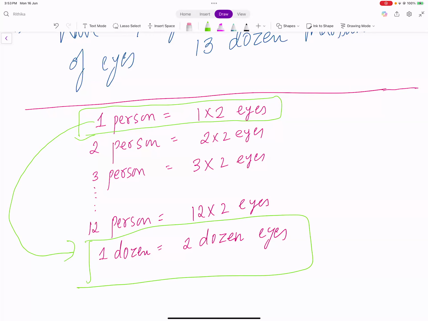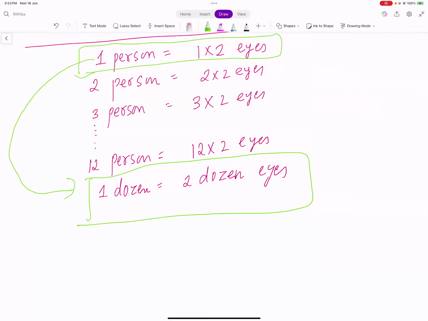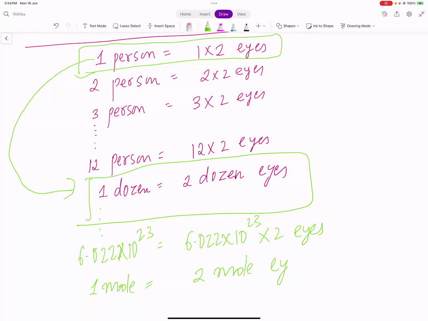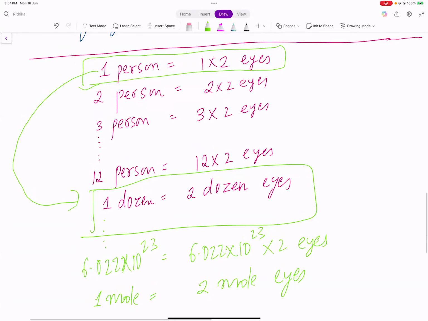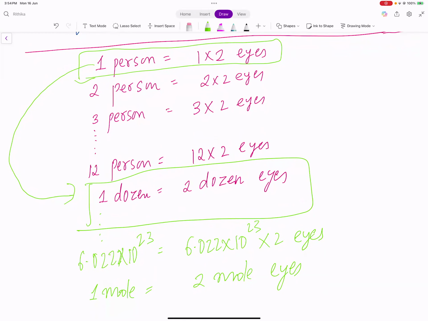So if I go on and I reach 6.022 into 10 to the power 23, then it will be 6.022 into 10 to the power 23 into 2 eyes. So 1 mole has 2 mole eyes. Here we assume that the person is the molecule and eyes are the atoms.